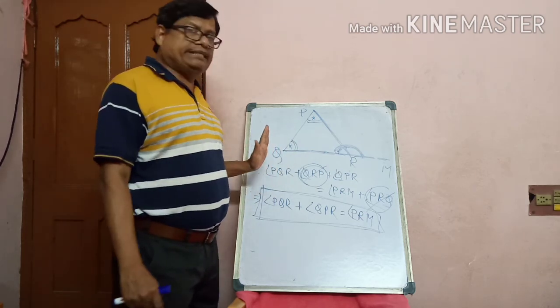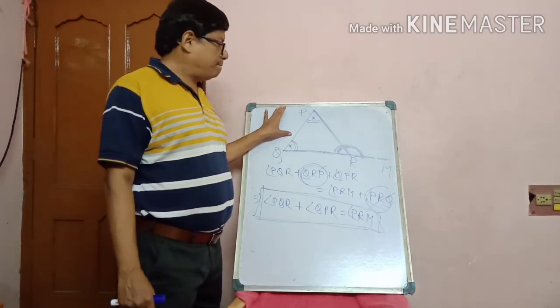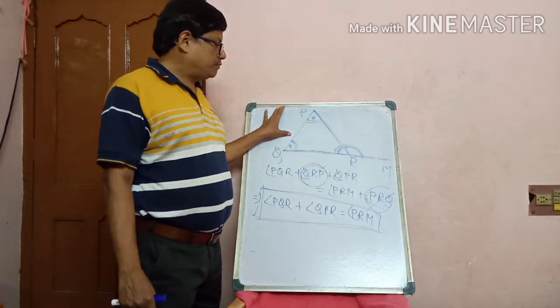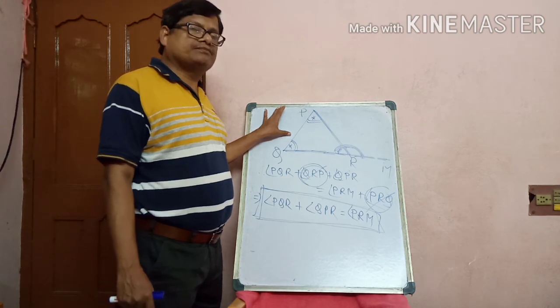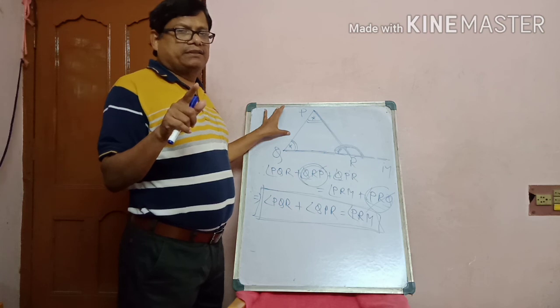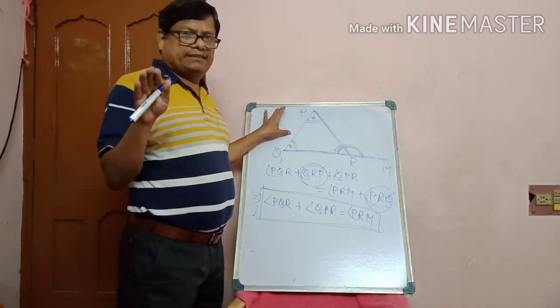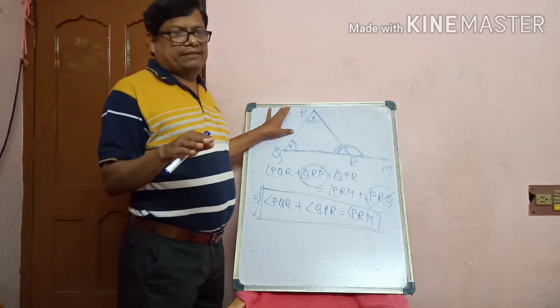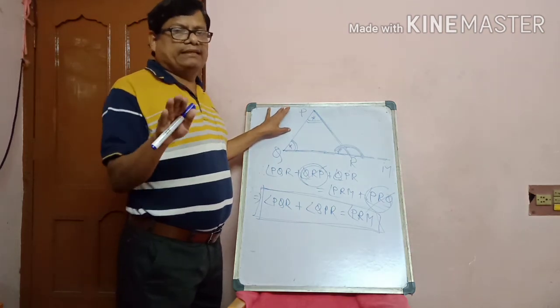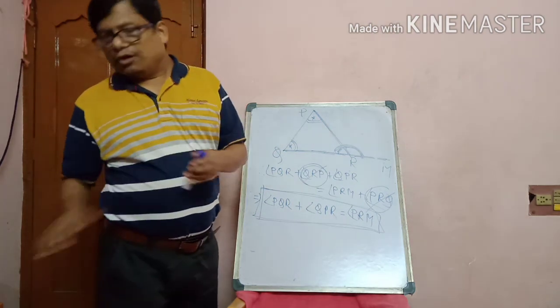Very easy. You will do it at home. Homework, right? In a triangle, all sides are extended. Then the sum of the exterior angles is 360 degree.